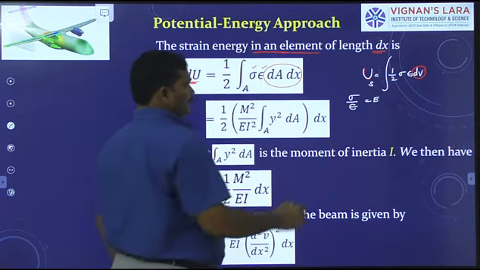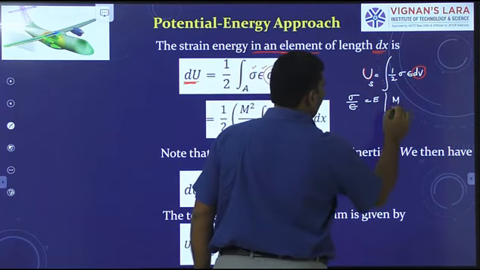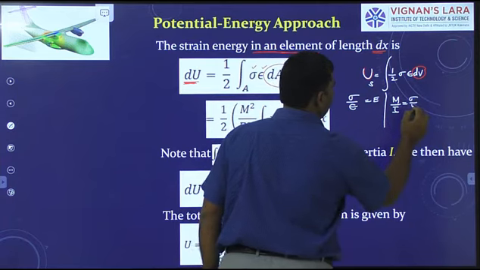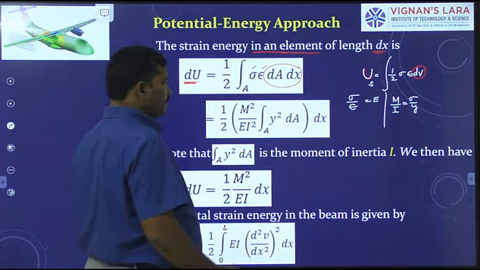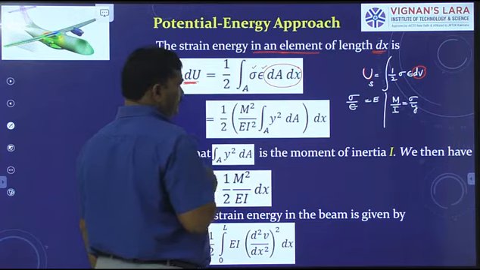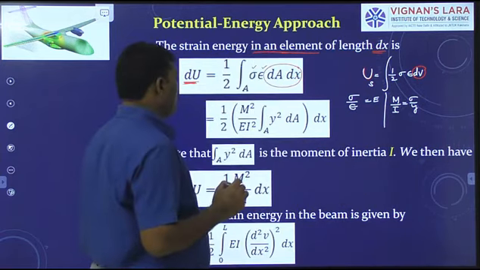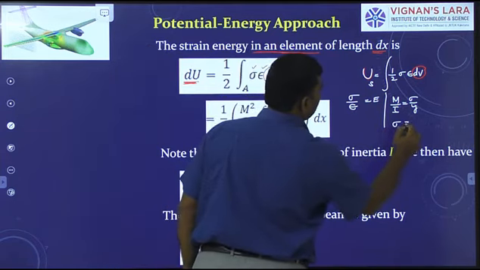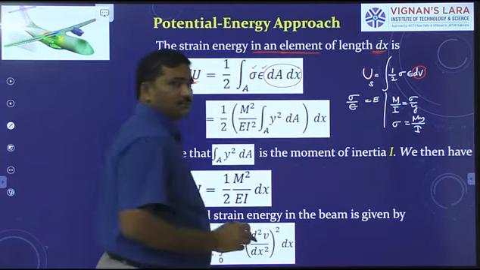And we also know that M by I equals sigma by y. Here, in place of sigma, we write sigma equals My by I. This I put here.